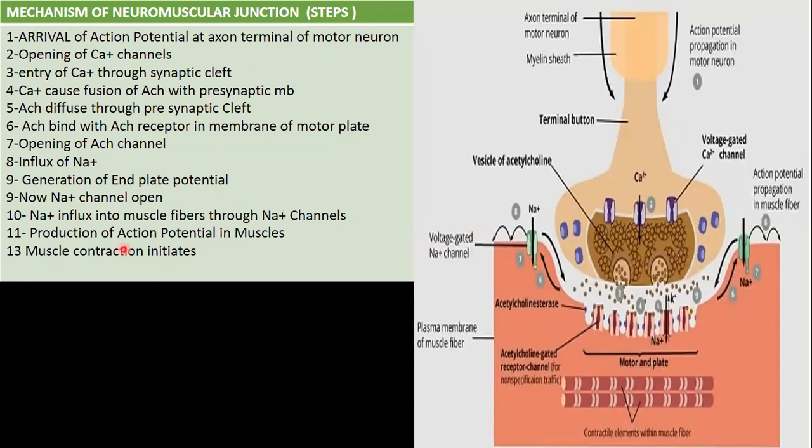So these are the points I have mentioned: first there is the arrival of the impulse at the axon terminal, then opening of calcium channels, then the synaptic vesicles fuse with the membrane and acetylcholine is released and binds to the receptors present on the postsynaptic membrane. Then the sodium channels open, and the action potential is generated.